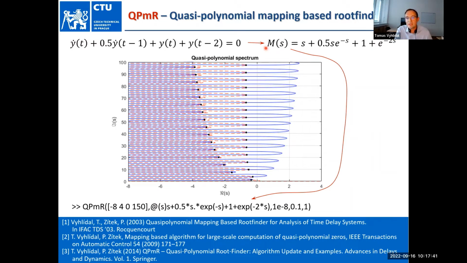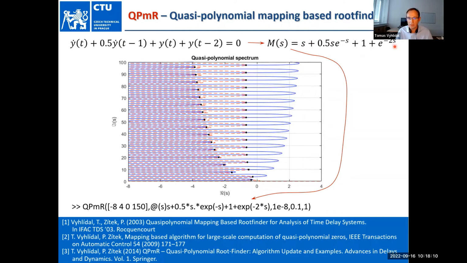But I have to confess that it is suitable for checking spectra of low complexity systems, like we see here, low order time delay systems with several delays. A big disadvantage is also that we need to derive the characteristic equation.